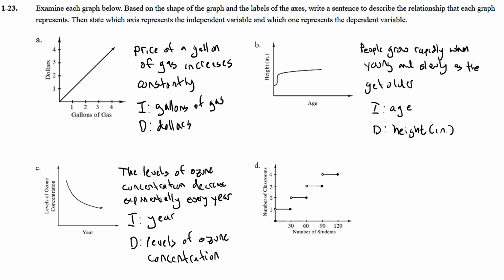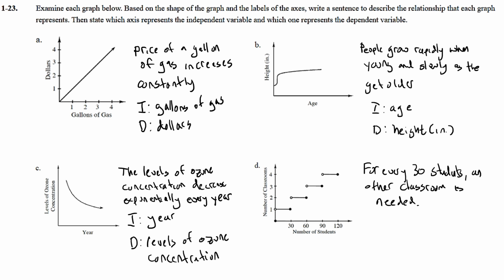So we say something like, for every 30 students, another classroom is needed.